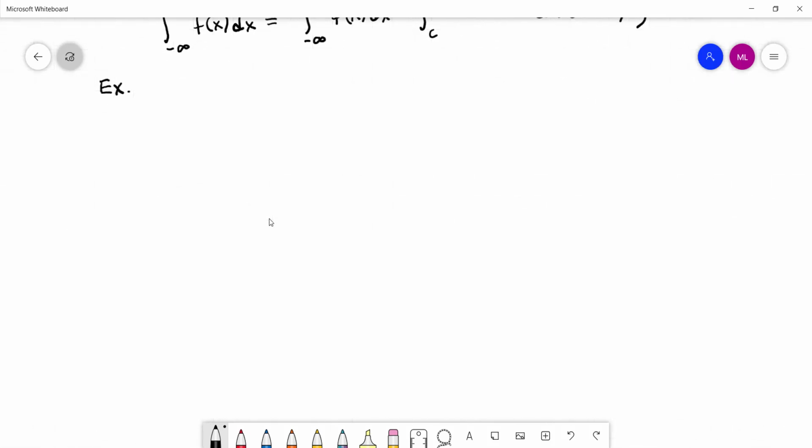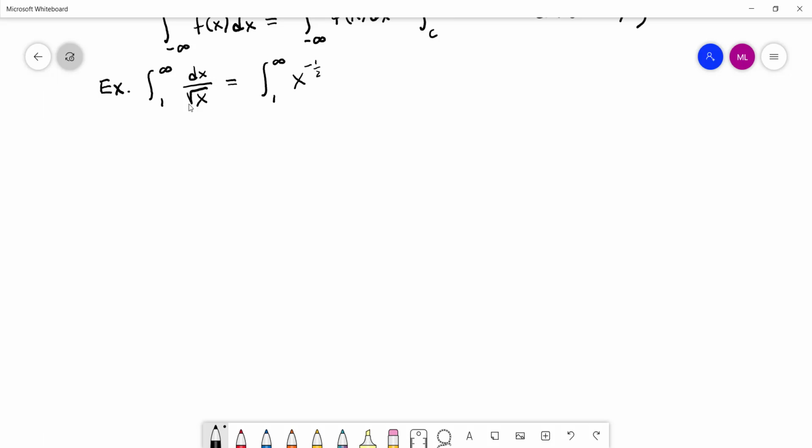Okay, so back to an example. I want to do the integral from 1 to infinity of, let's say, dx over the square root of x. And if we want to make this easier, I will rewrite this as x to the 1/2 power, but it's in the denominator, so that power has to be negative, so it's actually x to the negative 1/2 power.